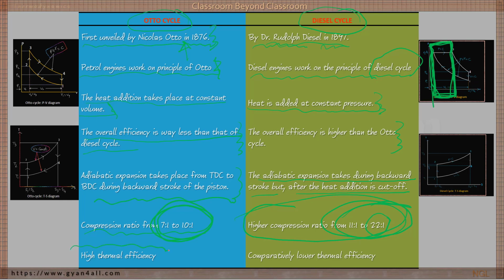At the same compression ratio, the petrol engine has higher efficiency, but at higher compression ratio the efficiency of the diesel engine is more than the petrol engine.